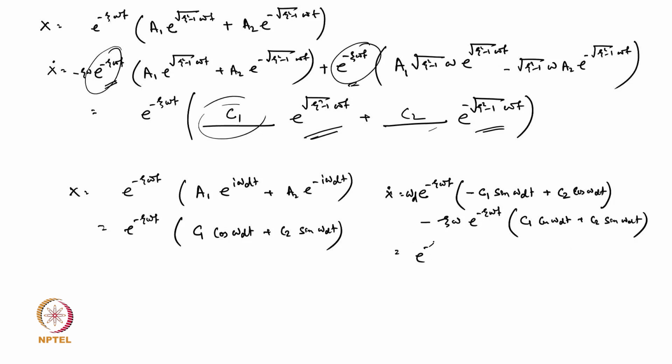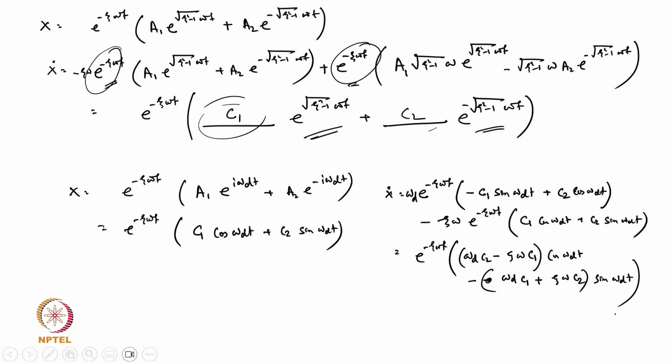So if I reassemble the full thing, I will get cos, so that will be omega d into C2 minus xi into omega into C1 into cos omega dt minus, you can just take it out. Okay, you will get like this one.